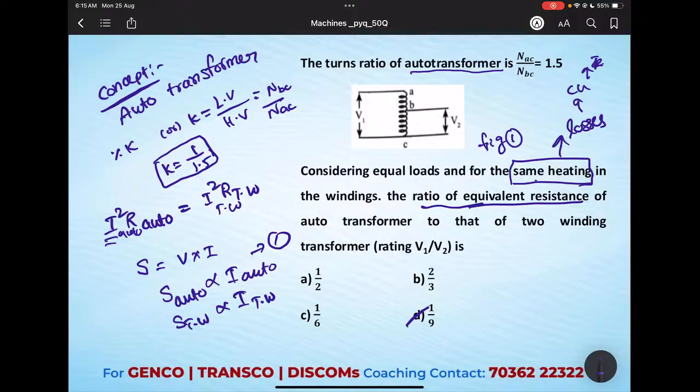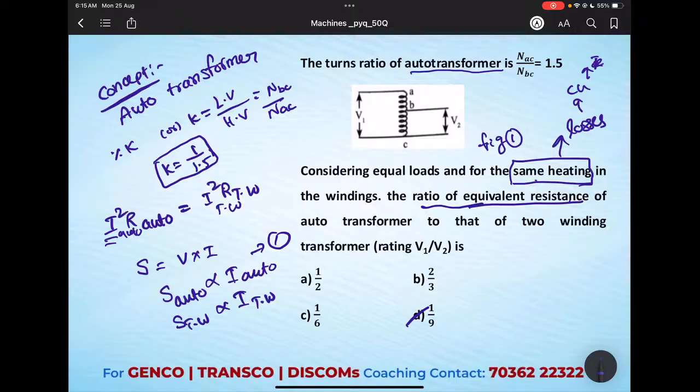Hope it is clear. Okay, I would like to give a synopsis of this answer. See here what they are asking. They are asking about the ratio of equivalent resistance, that means the auto transformer equivalent resistance to the two-winding transformer. What is the given data?